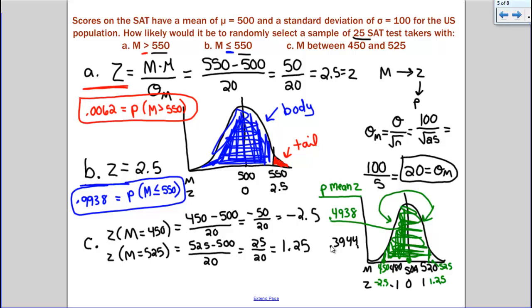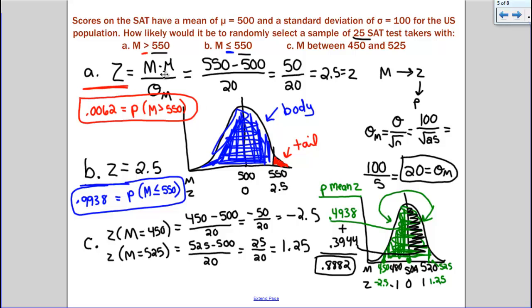And that gives you this. So you add those two together to get the total proportion between 450 and 520, or between a z-score of negative 2.5 and 1.25, and you end up with 0.8882. And that would be your final answer for part C.